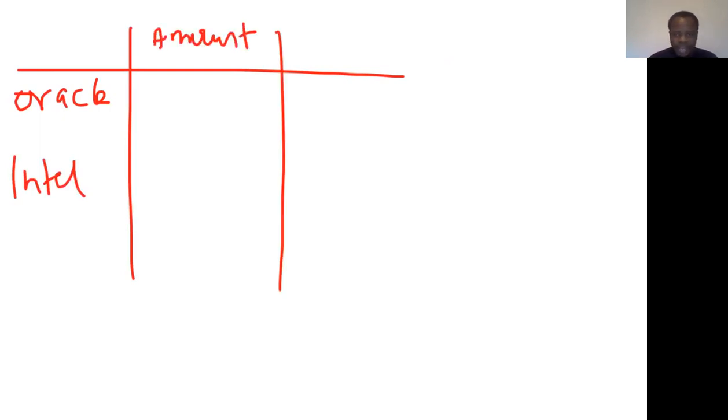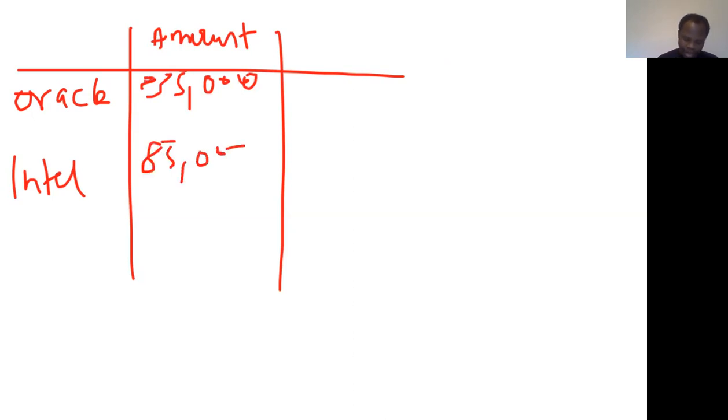It has shorted 35 million worth of Oracle. Once you hear shorted, it means it's negative. So that becomes minus 35 million; I'm writing 35, reducing it to 3 zeros. It has shorted 35 million worth of Oracle and has purchased 85 million worth of Intel.